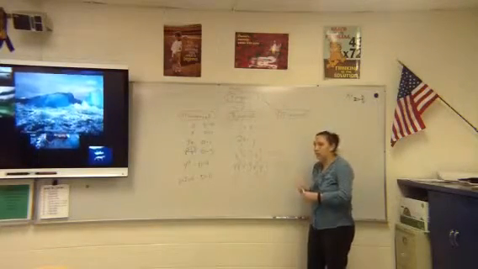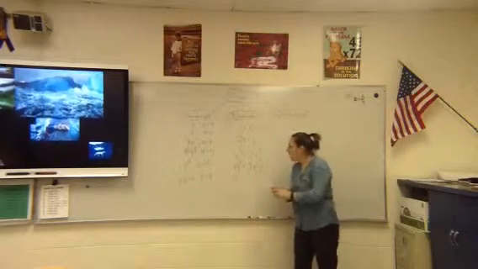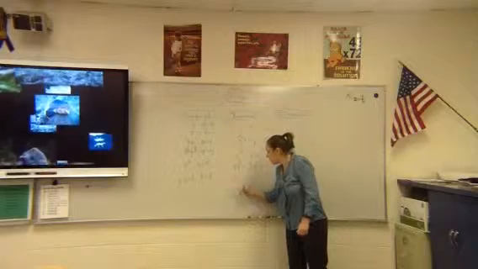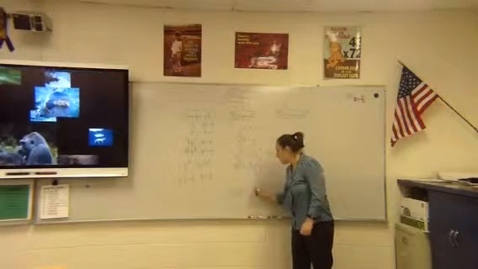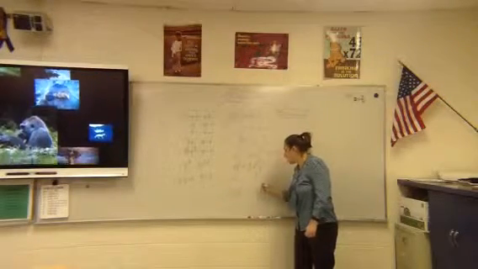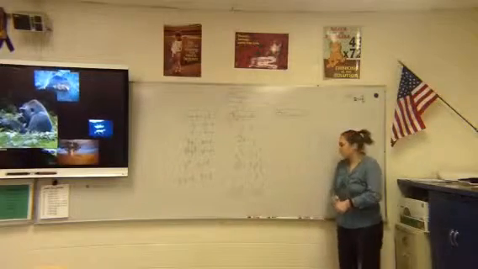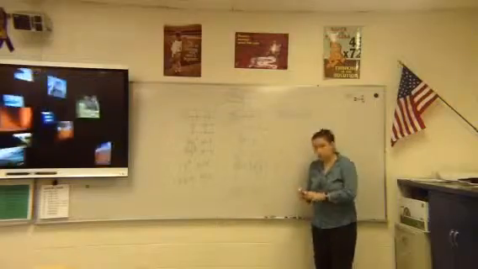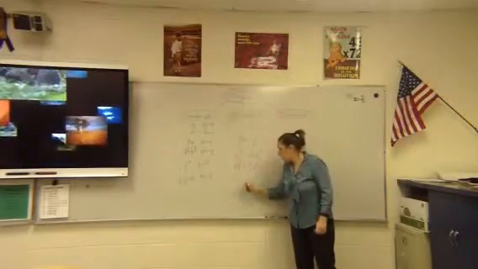Okay, let's try one more of those. I'm not confident you understand what's going on. So if I have negative 4a squared b to the 4th plus 6ab to the 3rd. Ellie, start us off. What's our degree of the first part here? 6, right? 2 plus 4 is 6.